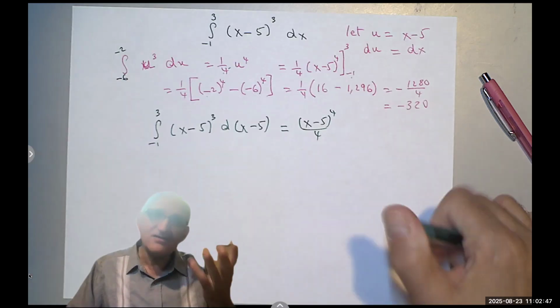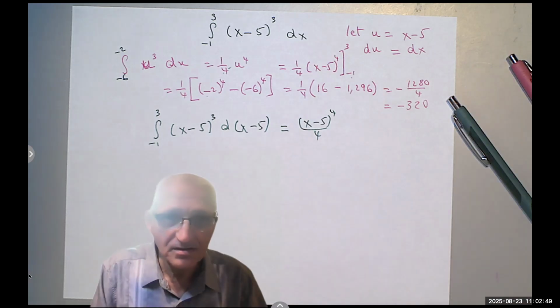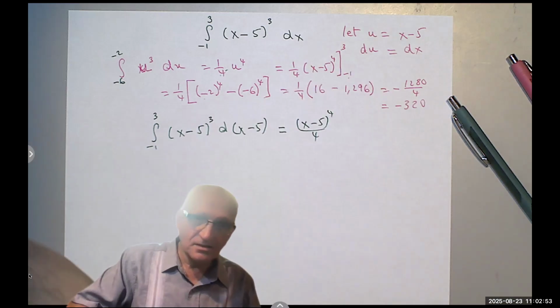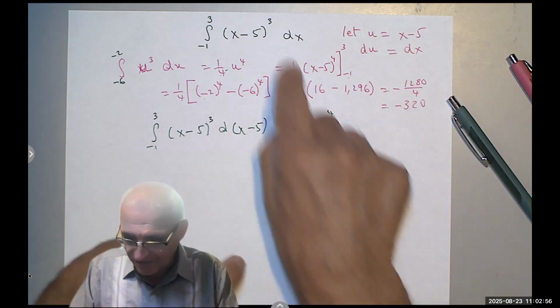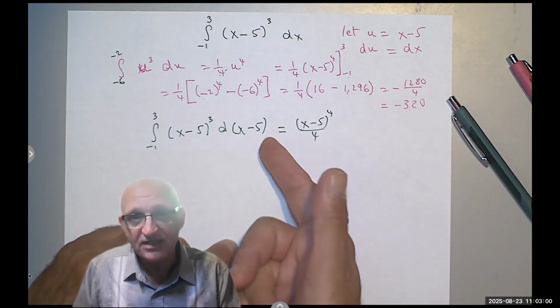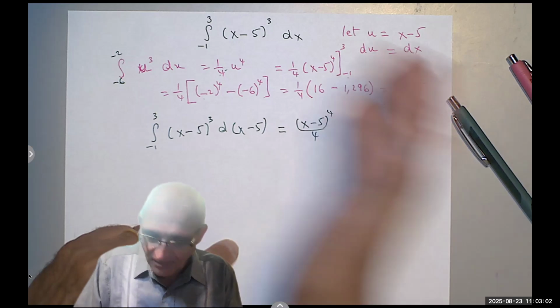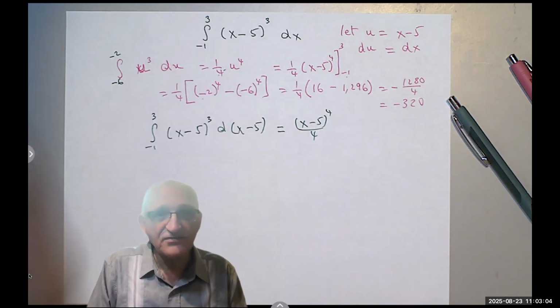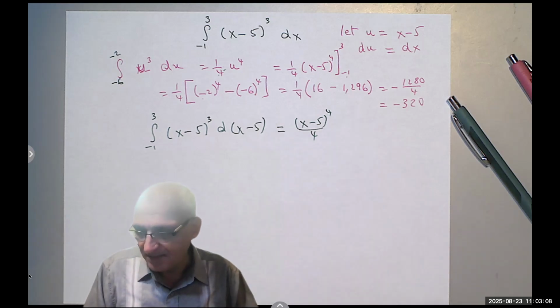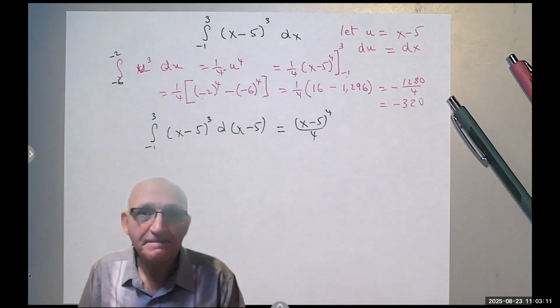So theoretically speaking, we had 3 ways to do it. Either go to u and then back to x, or notice that the derivative of what's inside is basically dx, so you can rewrite it like that. Or when I move to u, I change the limits of integration and stay there. And in all cases, you will end up with -320.